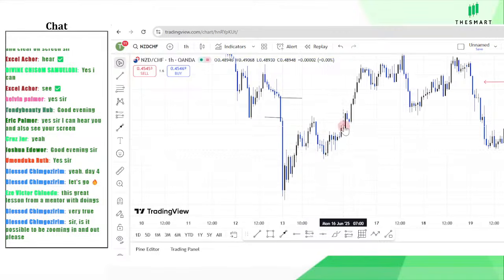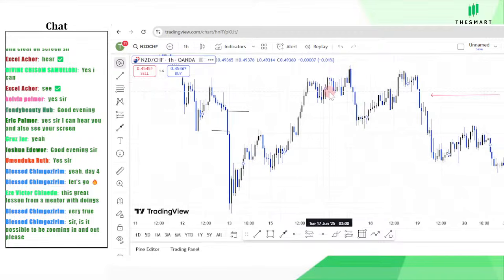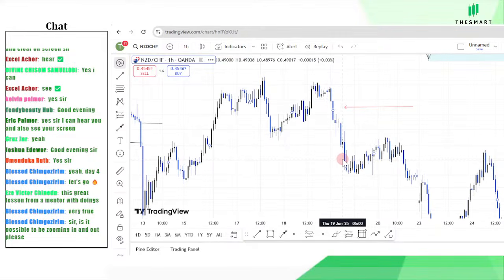There was a little bit of aggressive move to the upside. And at this point, you had something like a ranging market. After having this ranging market, you see there was a little bit of aggressive move to the downside again before having another push to the upside. After having that push, you see another movement to the downside.